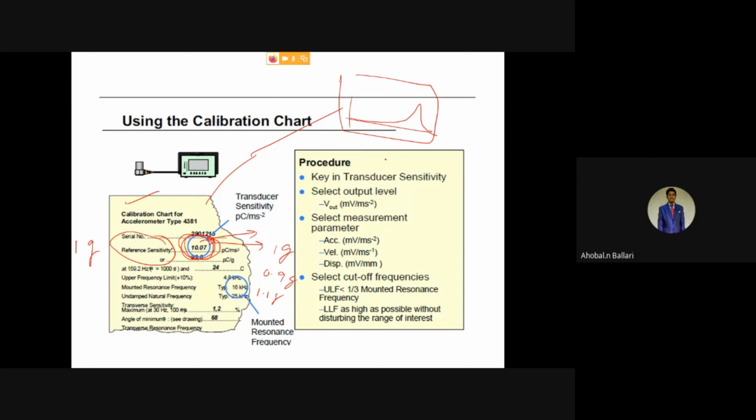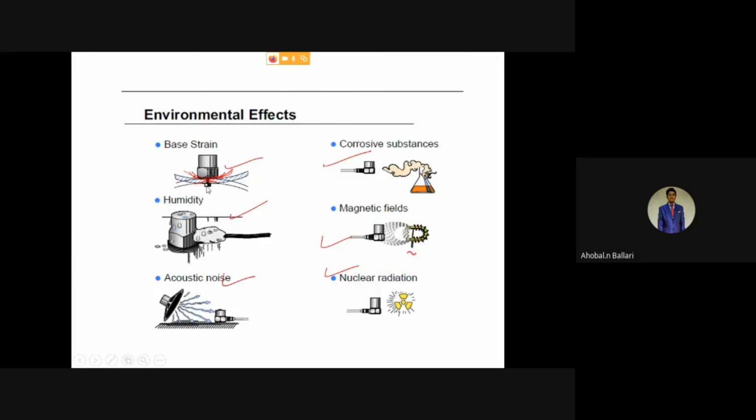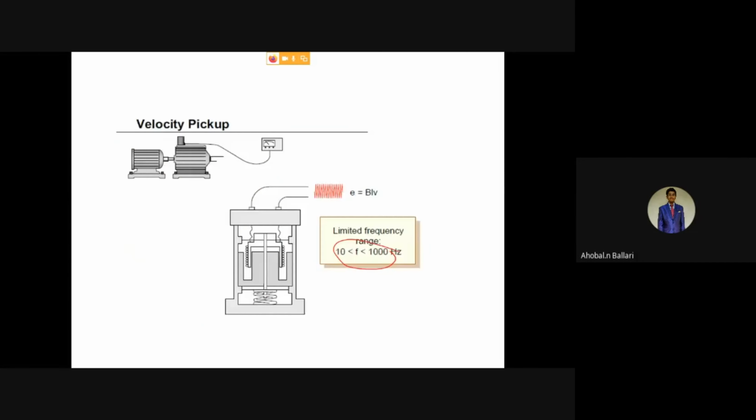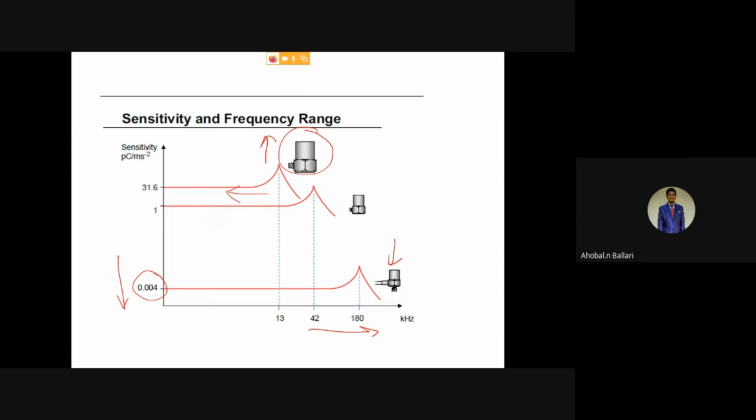Sir, then how to decide the sensitivity of the accelerometer based on the experiments? For academic purpose, not for industrial purpose, if I have a vibration test rig, how do I select the sensitivity of the accelerometer?